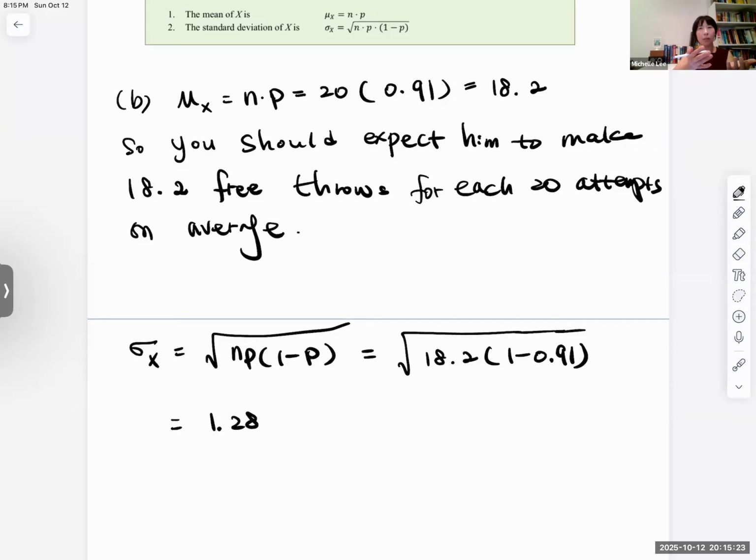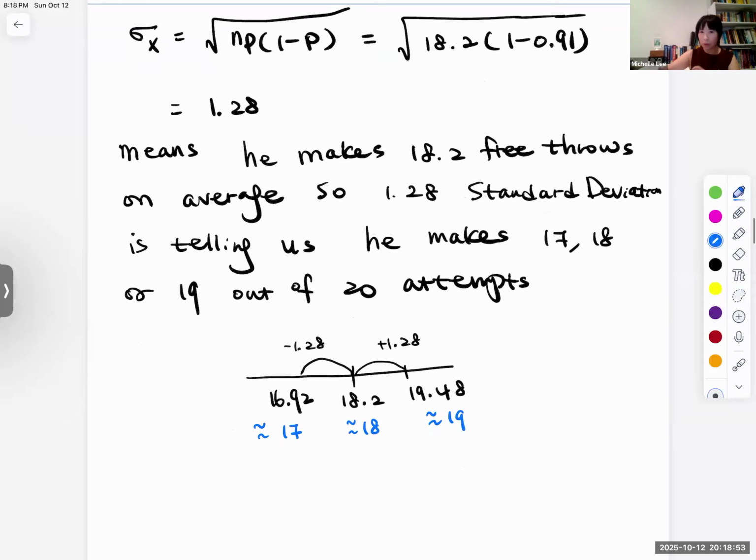Is it clear? Yeah, let me write it down. So here, I wrote it down here, right? 18.2, we can say 18, so subtract 1.28, it's about 17, add 1.28, about 19, all right?